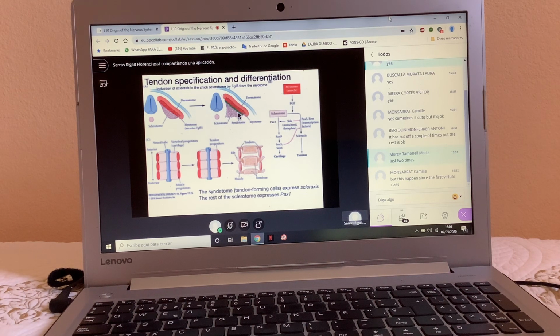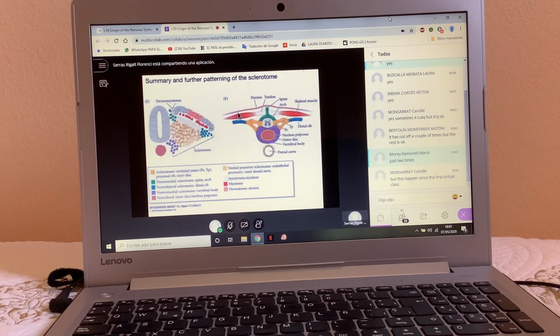And actually, I would like to finish this part with this drawing. This is a kind of drawing that you can use for curiosity, because this is the fate map of a somite, and this is the result. Okay, what is developing. If you follow the different colors of the different cells of the somite, you will learn what each part of the vertebra those cells develop.